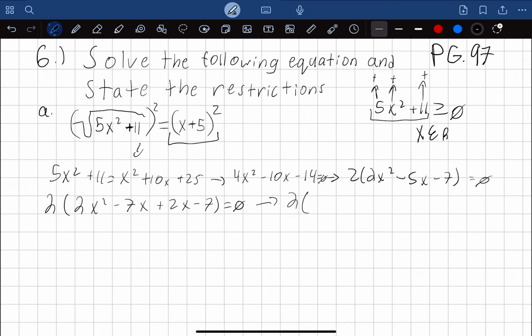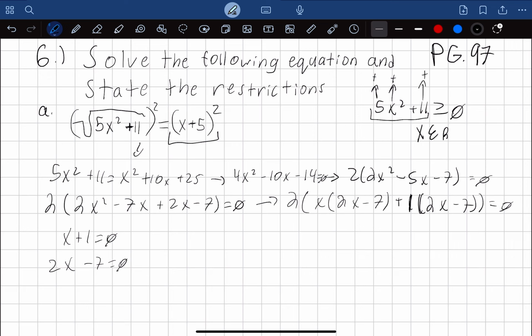And after factoring, we're going to just get x plus 1 followed by 2x minus 7, and that's finally going to be equal to 0, which means x plus 1 is equal to 0, and then 2x minus 7 is equal to 0, so x equals -1, as well as x equals 7 over 2. So if you caught the original restriction that x has to be greater than or equal to -5, these would both become valid answers.